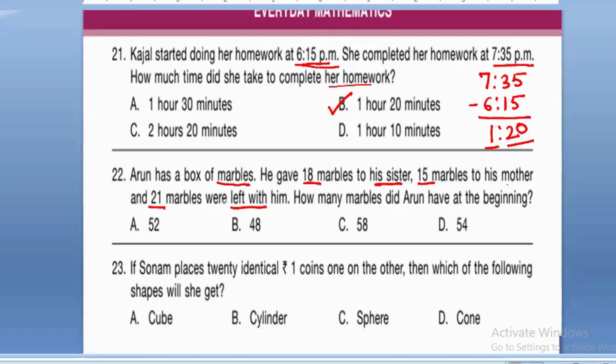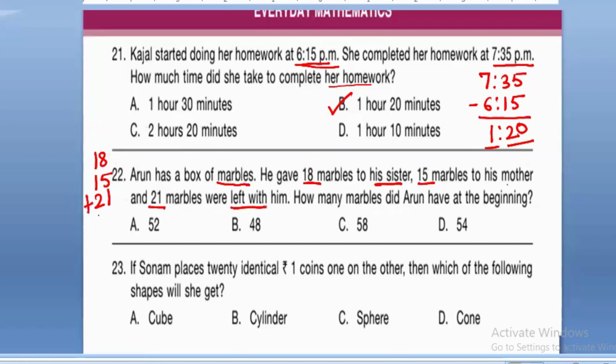You can already see in this question that out of whatever amount of marbles he had, he gave 18 marbles to his sister, 15 marbles to his mother, and 21 marbles are still left with him. So for counting the total number of marbles that he had, we need to add all the marbles that he gave.